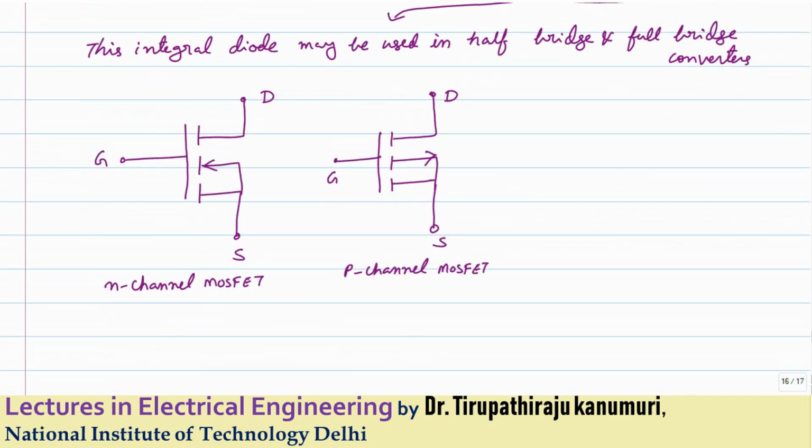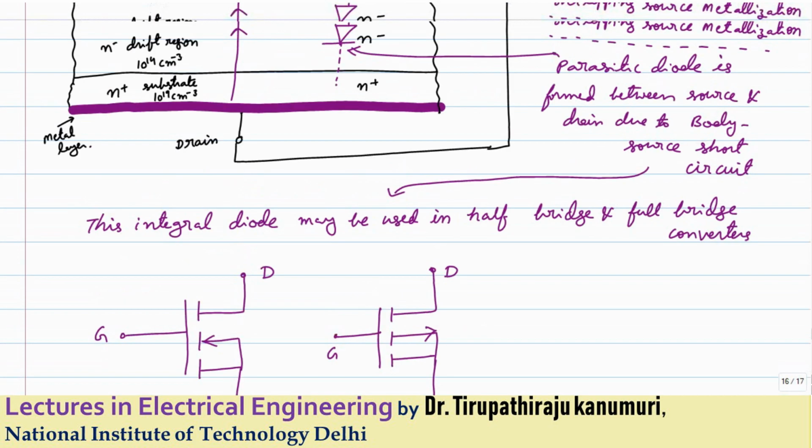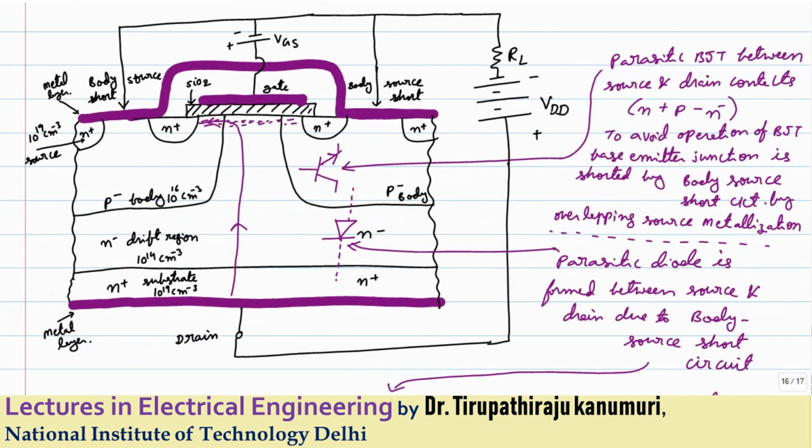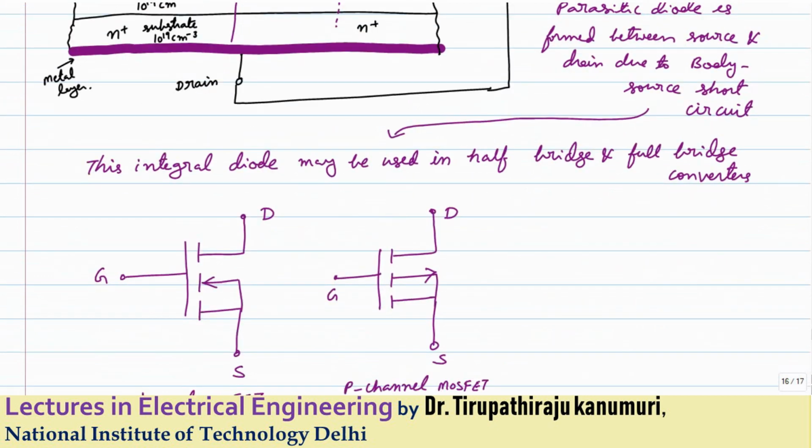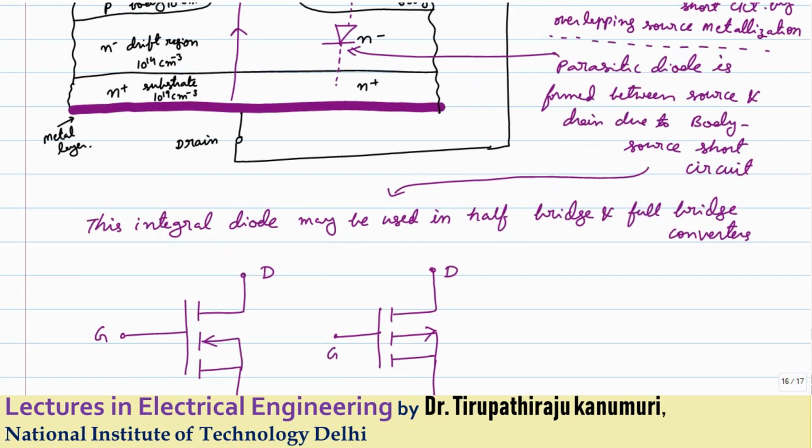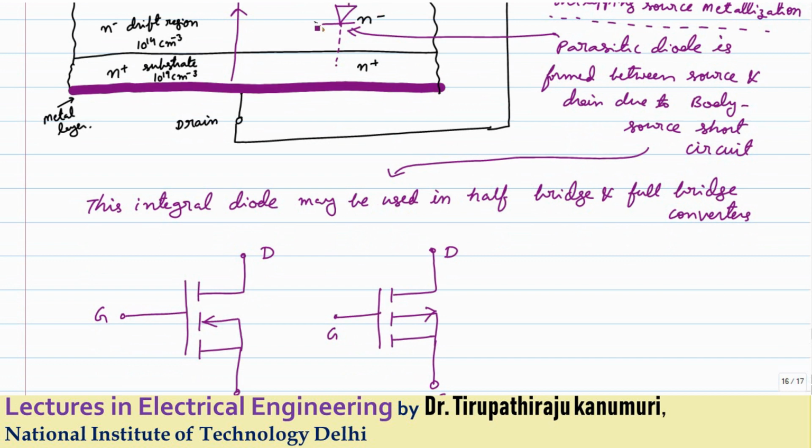Now coming to the symbol of the power MOSFET, it is represented like this. This arrow indicates the direction of the electron flow, because in this case the electrons are passing from source to the drain. Or otherwise this arrow is indirectly indicating the direction of the parasitic diode, because the parasitic diode is connected between the source and the drain.